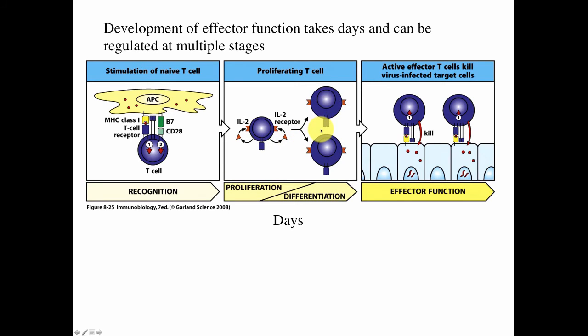And so after activation and differentiation and proliferation, some of these cells will migrate into extracellular sites and seek out cells that are infected with the virus that contributed proteins that initially activated this cell.